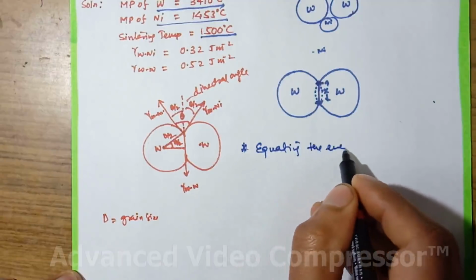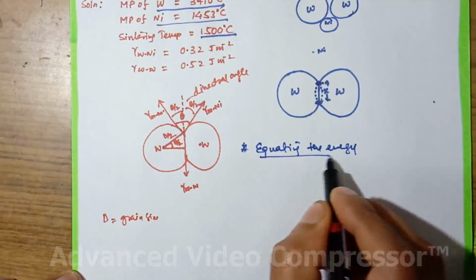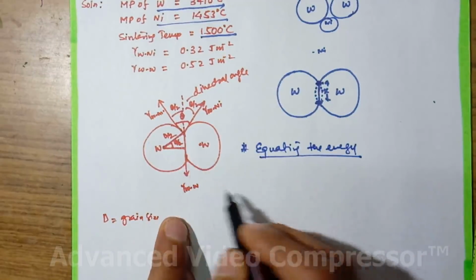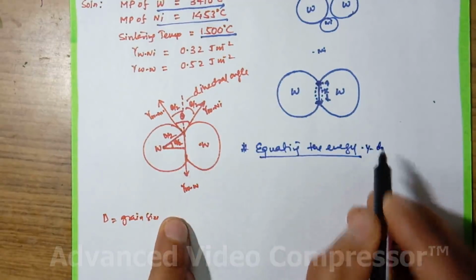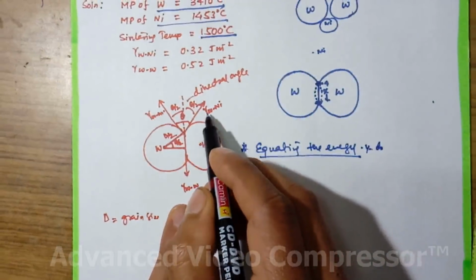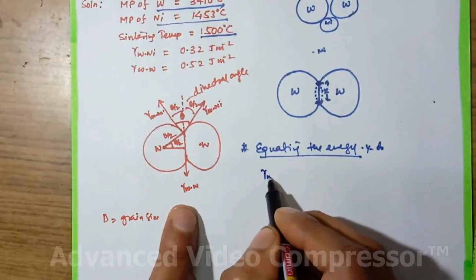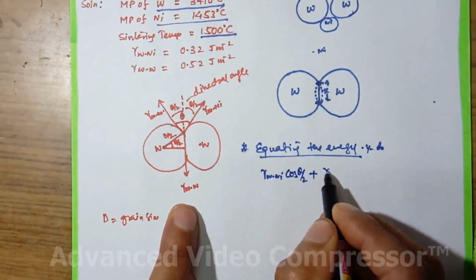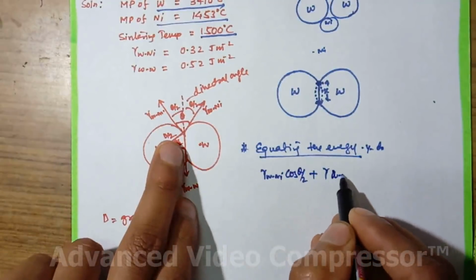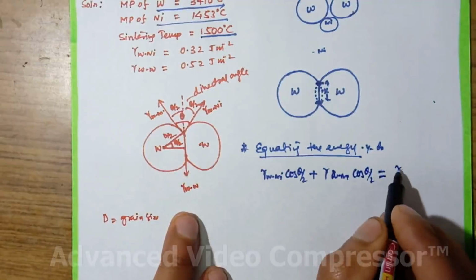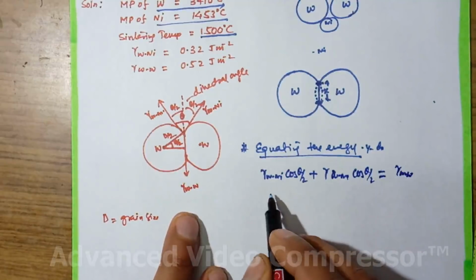Now, equating the energy, we will equate the energy in the y direction. In the y direction this will be the formula: gamma tungsten-nickel cos theta by 2 plus gamma tungsten-nickel cos theta by 2 is equal to gamma tungsten-tungsten.